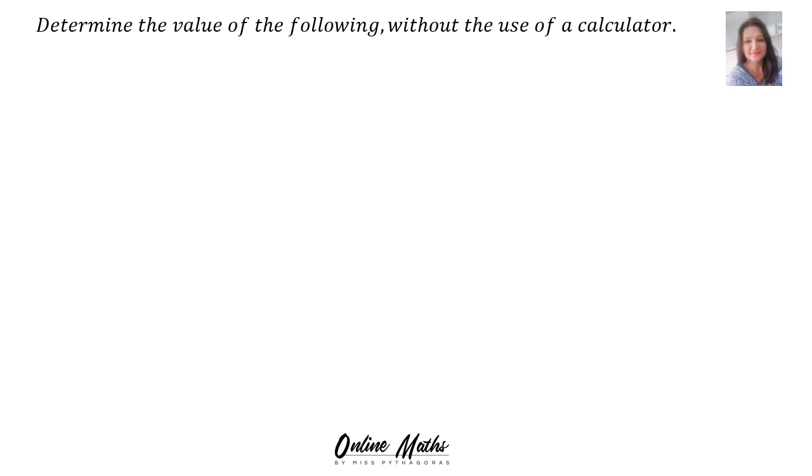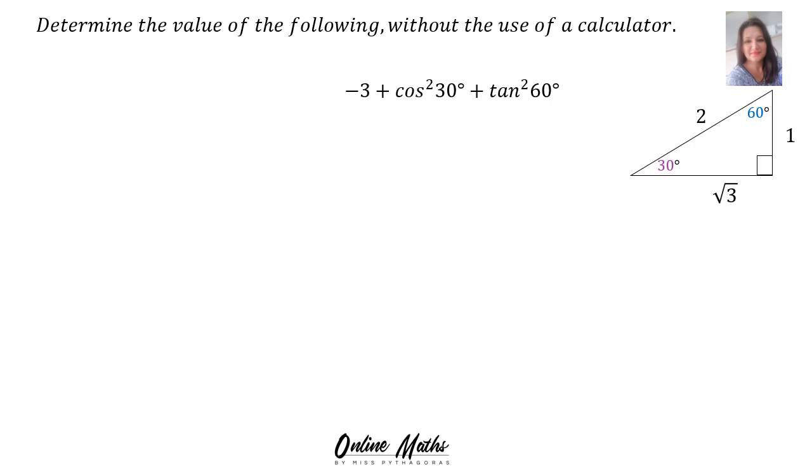Determine the value of the following without the use of a calculator. And again, you need your help sketch, your 30, 60, 1, √3, 2 triangle. And there's the sum. -3 plus cos squared 30 degrees plus tan squared 60 degrees.